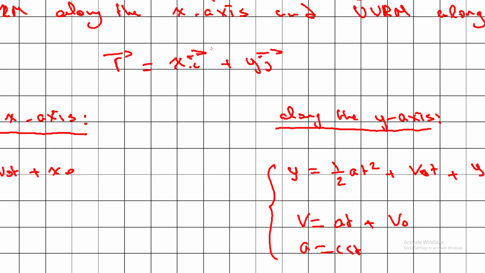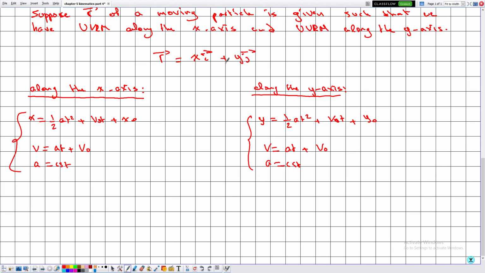If x is different than y, and this is the general case, then we expect that the speed along the x-axis is different than the speed along the y-axis. And because x is different than y, therefore also the acceleration along the x-axis is different than the acceleration along the y-axis. And this is trivial, because along each axis we may have a different type of motion.